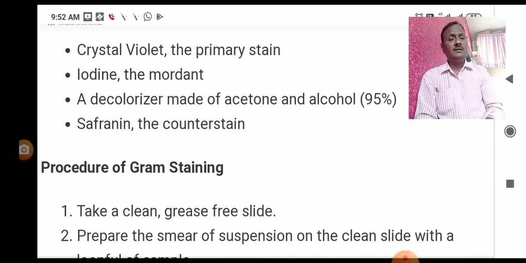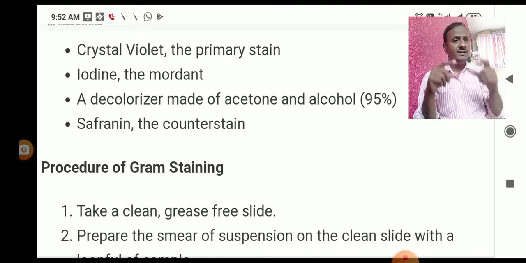Apart from that, we also use a grease free slide and a nichrome wire loop.